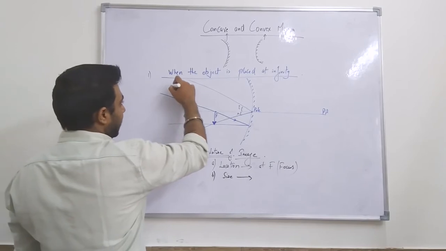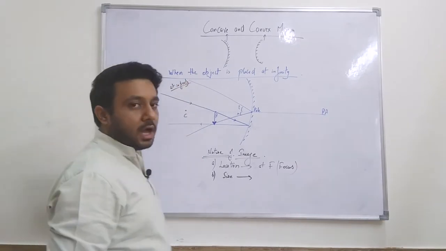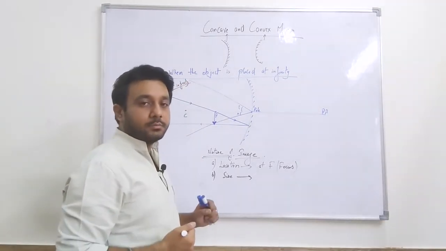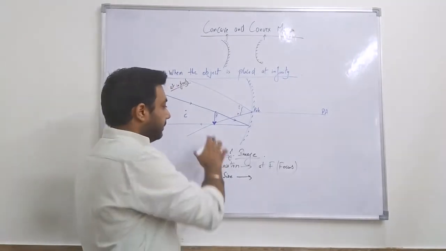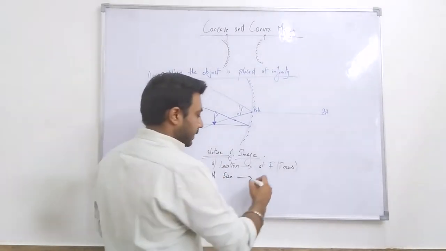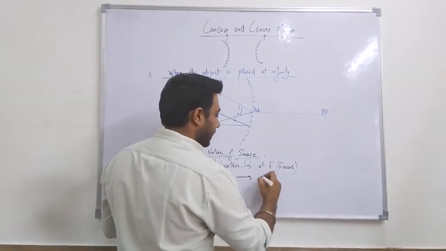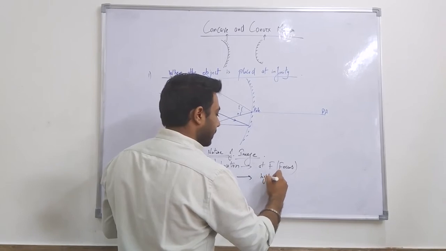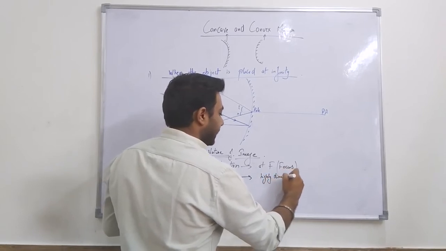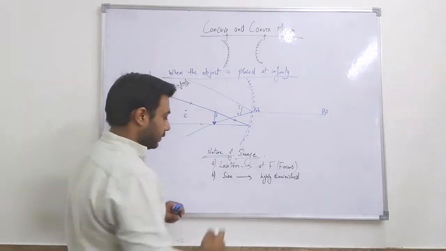We know if the object is at infinity, it must be very enlarged. Very large size of object was there, but the image comparatively is smaller. Therefore, diminished, rather highly diminished.